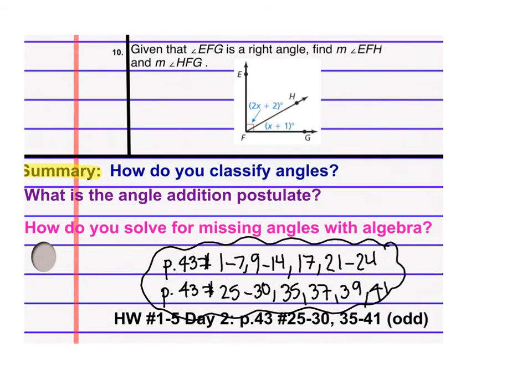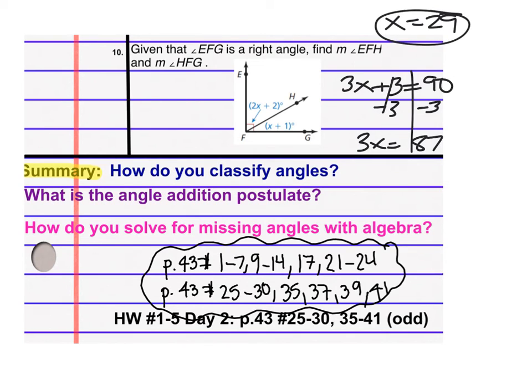It's a right angle. So you should be adding up your expressions. That's step 1, add your expressions, which should give you 3x plus 3. Set it equal to 90. Step 2 is to solve for x. You should be getting 29 for x.